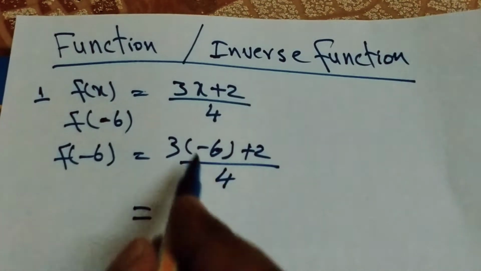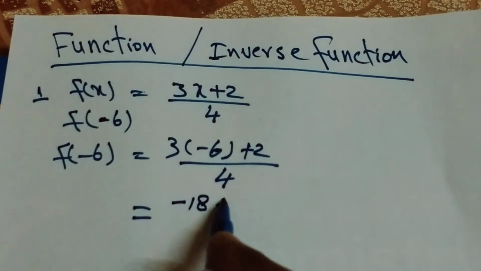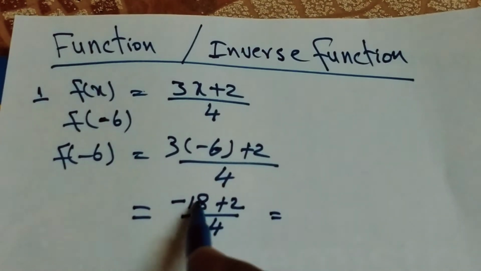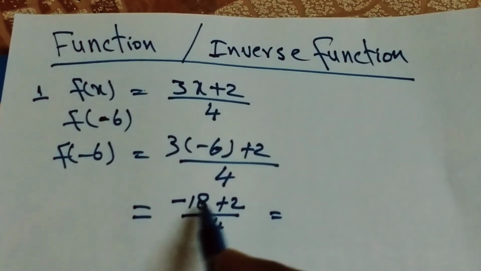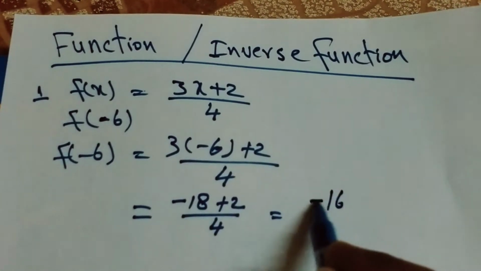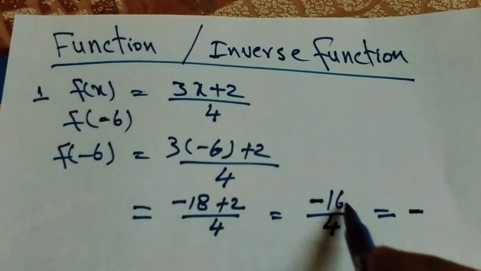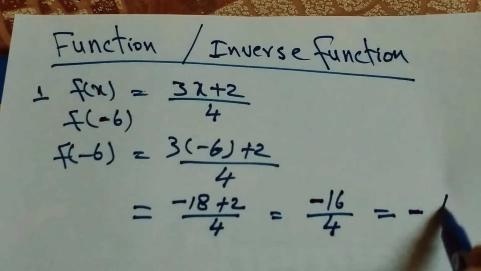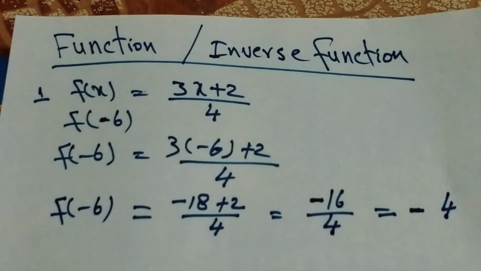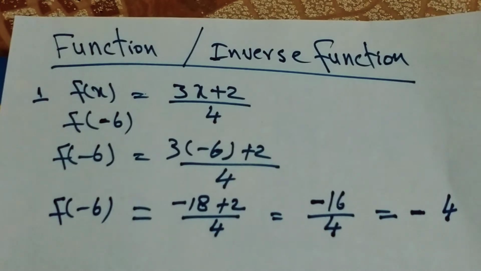We are going to solve now. 3 multiply 6 equal minus 18 plus 2 over 4. So minus 18 plus 2, signs are different, we will subtract. 18 minus 2 equals 16. So minus 16 over 4, that is equal minus 16 divided by 4 equal minus 4. So f of minus 6 equal minus 4. This is the value of the function.